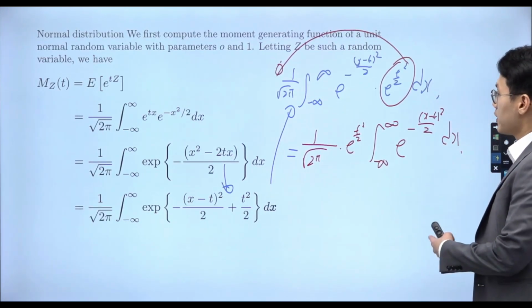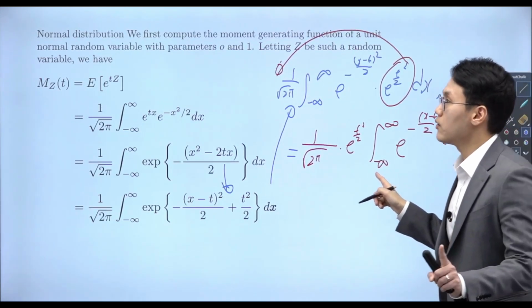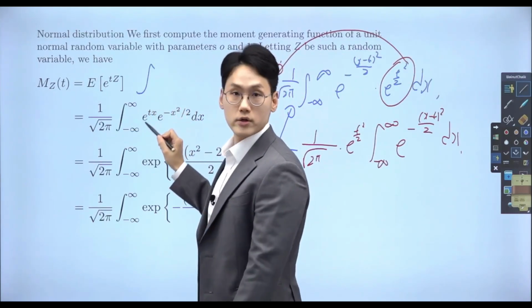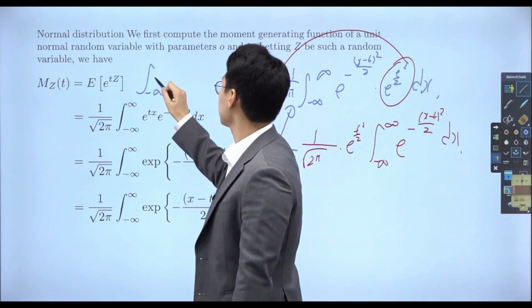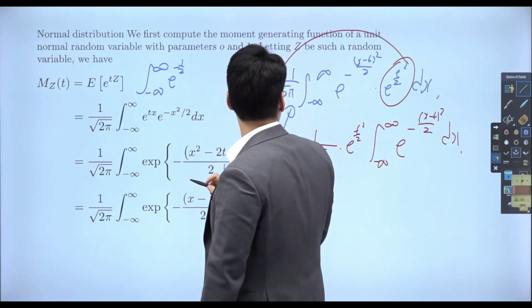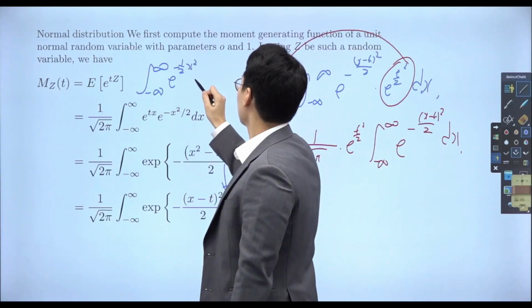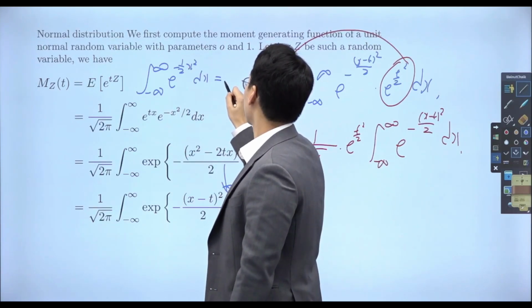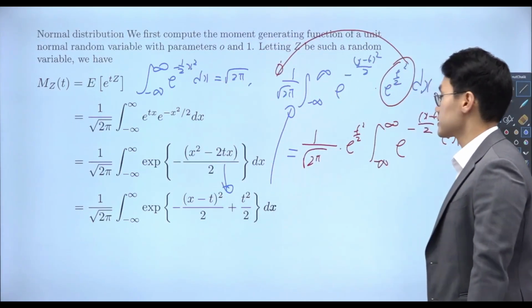Okay, I know nothing about that integral, but I do know the probability density function of the standardized normal distribution. It was the integral from negative infinity to infinity of e to the power of negative 1 over 2 x squared dx was root 2 pi. So that's what I had, wasn't it, right?